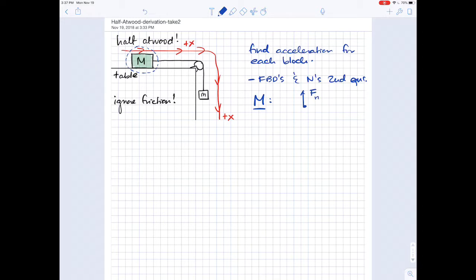That's a normal force. It has a force down on the block from the earth, the gravitational force, and it has a force to the right from the string. I'm going to call that a string. So it's a tension force from the string on the block, and that's what it has.